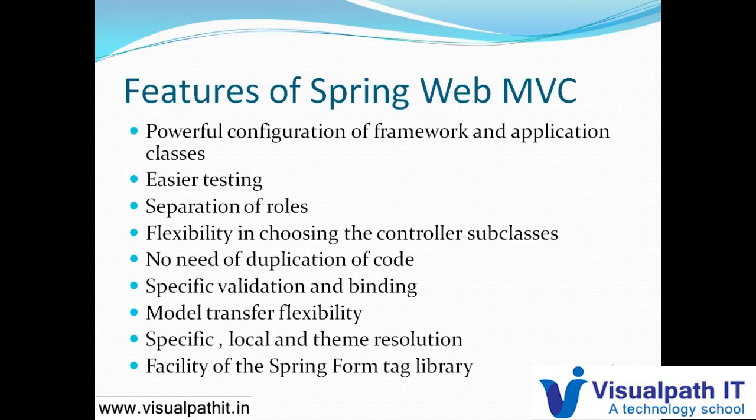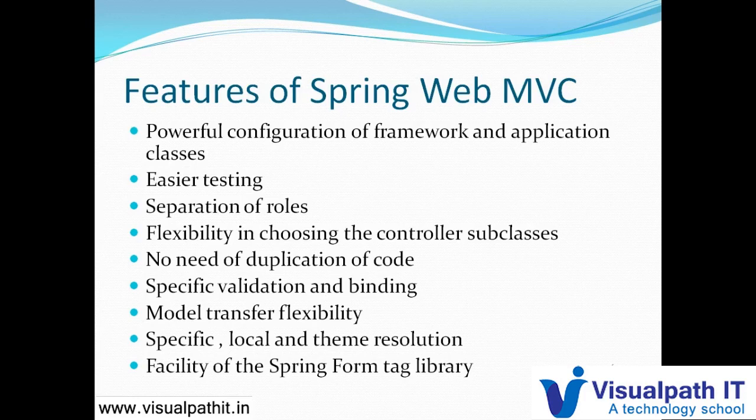The display is done by the view or the UI, the controller, the validator, the command object, form object, model object, view resolver, which we talk about later, and the handler mapping interface. The whole task is dependent on these components, and there is a clear picture of the separation of the roles of each.